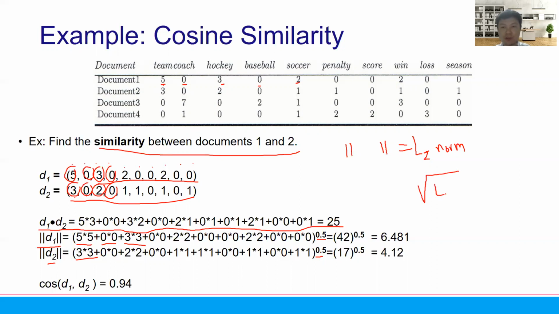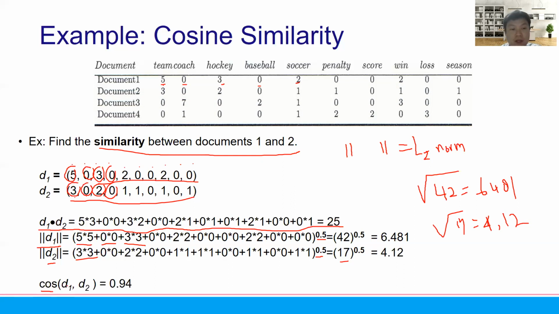So the square root of 42 is 6.8481. And the other one is the square root of 17, and the result is 4.12. Now you have those values, and how can we get the cosine similarity?